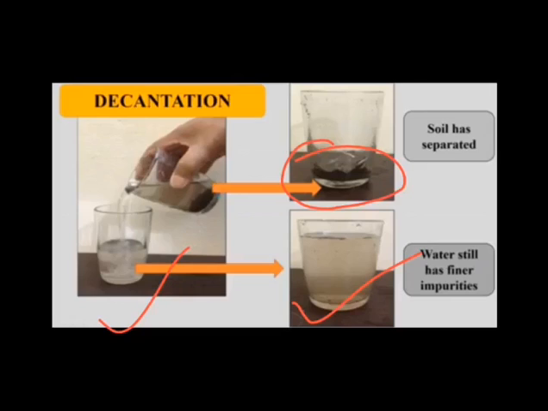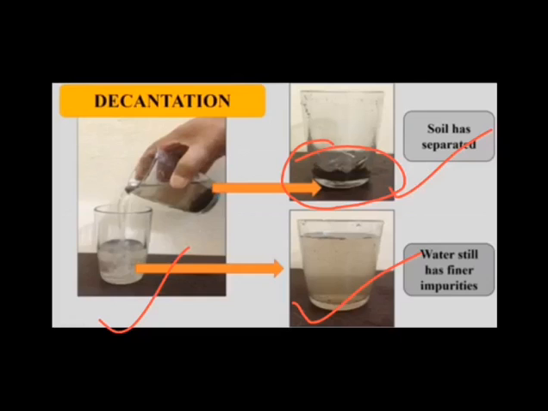So here what we can see is soil is separated here, but the water still has finer impurities in it. This separation of soil particles and the liquid is known as decantation.